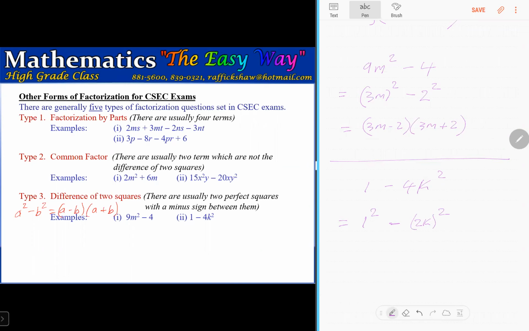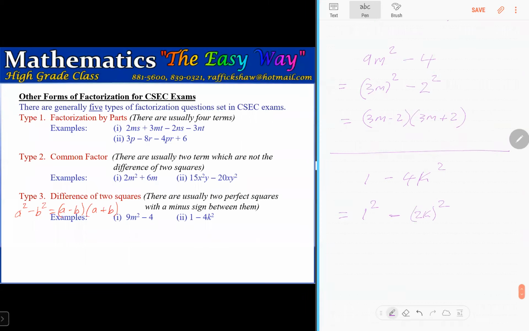See if you can know all the perfect squares up to 20. Learn all of them: 1 squared, 2 squared, 3 squared, up to 20 squared. Make sure you know all of them for your CSEC, and you'll be good.